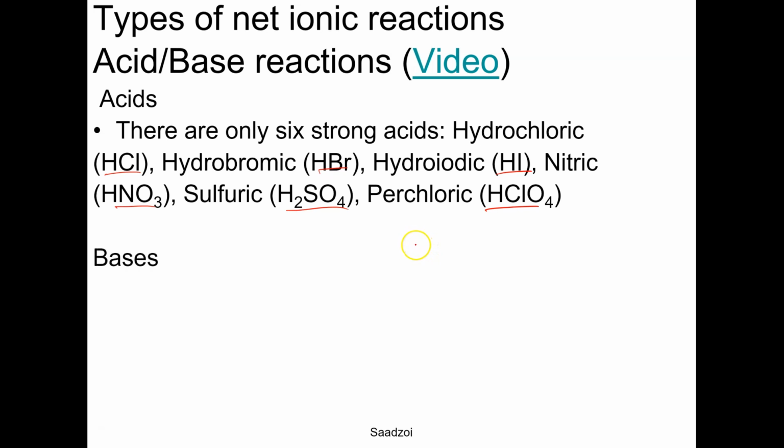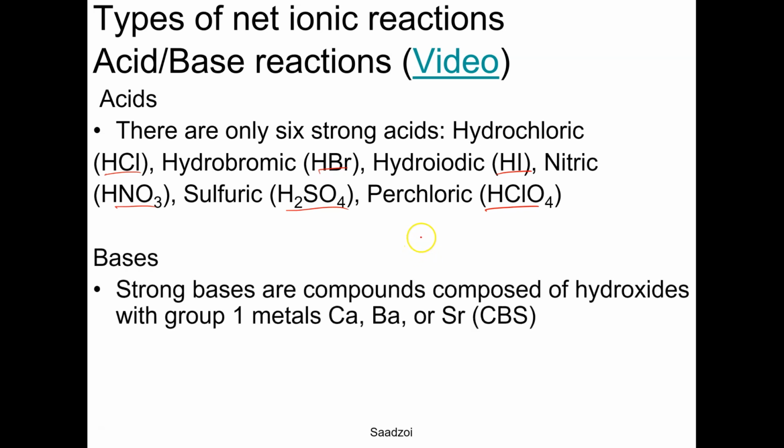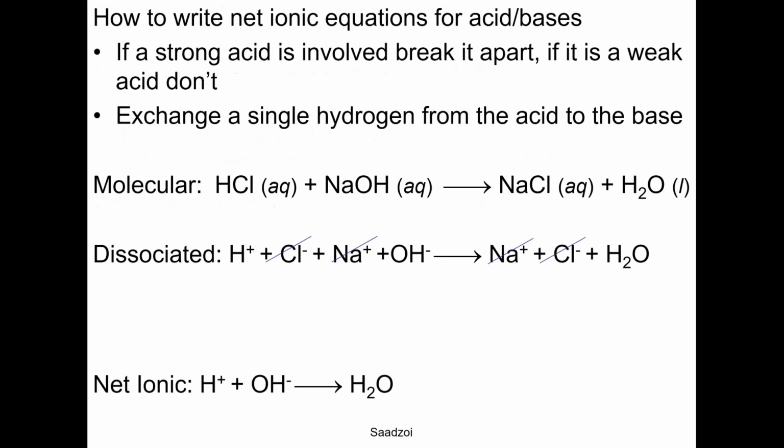So 2 for 1. Strong bases are compounds composed of hydroxides of group 1 metals, and these. So group 1, like sodium hydroxide, lithium hydroxide, along with calcium, barium, and strontium hydroxide, those are all strong bases. Everything else is a weak base. There's a couple of exceptions, but for the most part, that's pretty accurate.